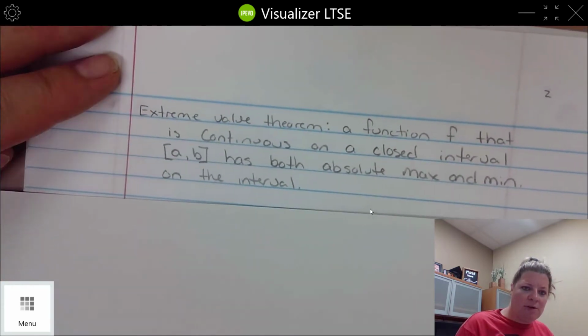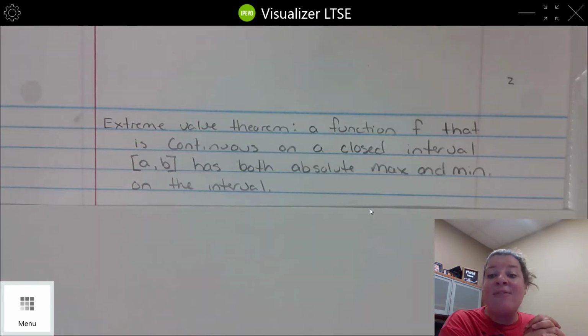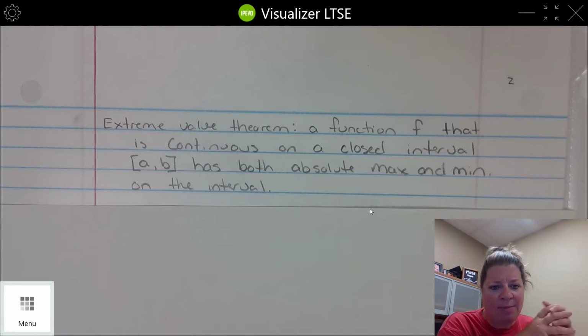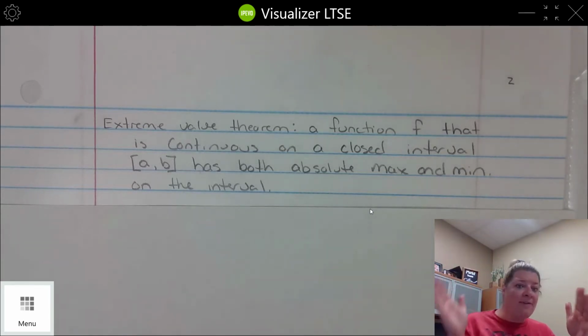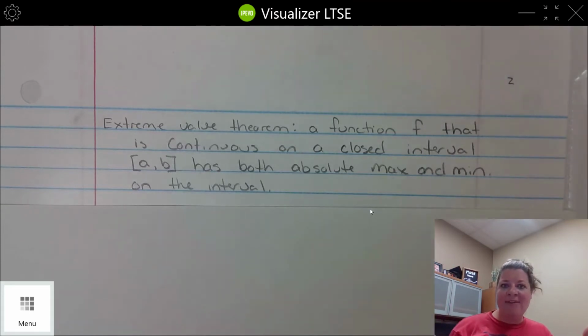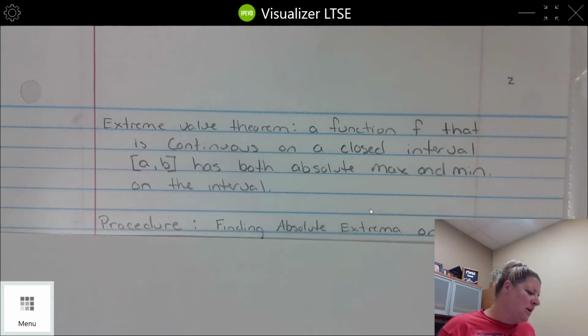The extreme value theorem says a function f that is continuous on a closed interval [a, b] has both an absolute max and min. So of course it does. If I stop us, we can't go on forever, so we're going to have an absolute max and an absolute min. That's all that's saying.